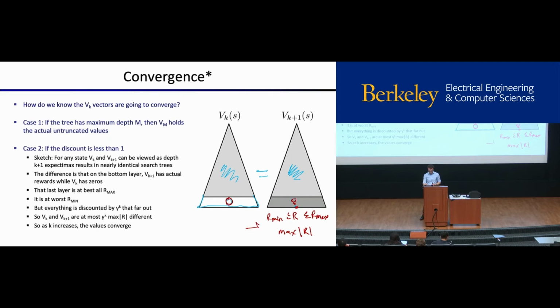If we're comparing these two things, and we know that this last layer is the only place they can be different, what's the most different they can be? Well, the most different they can be is if we had the maximum absolute value reward. So we can compare 0 versus max absolute value of R. And that's the biggest difference we could have.